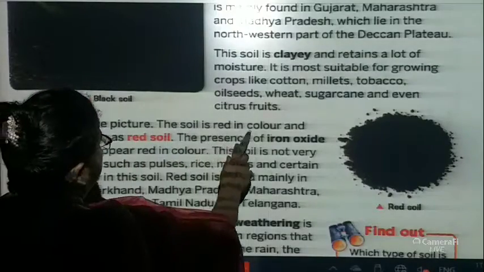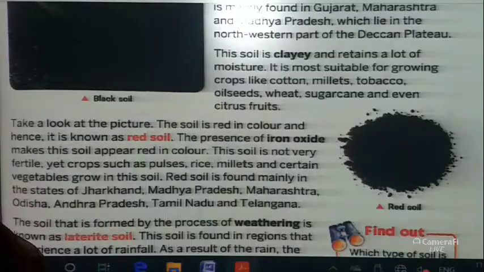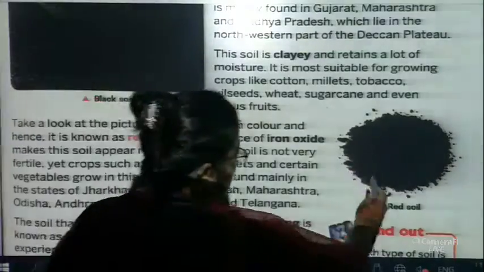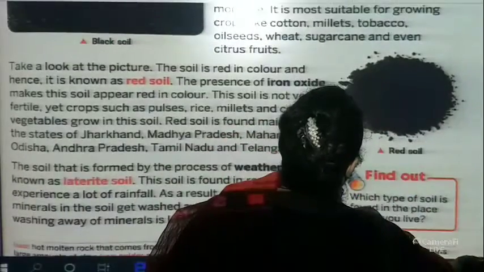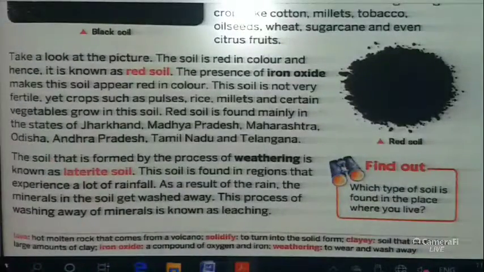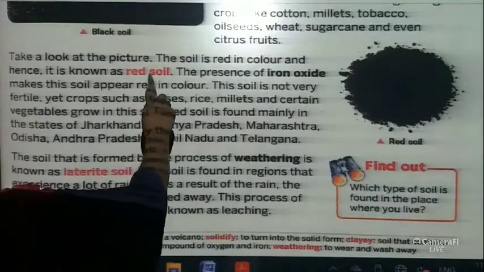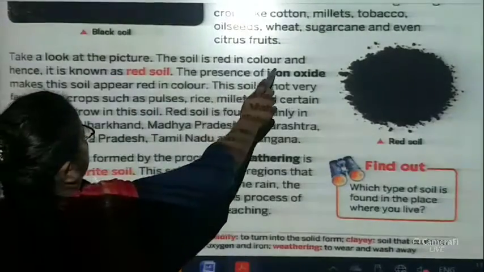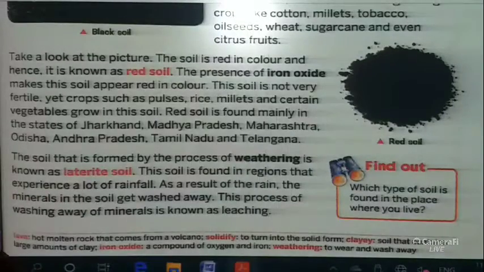The soil is red in color and hence it is known as red soil. This is looking more or less as a dark color, but in your books it is red. The color of the soil is only red.